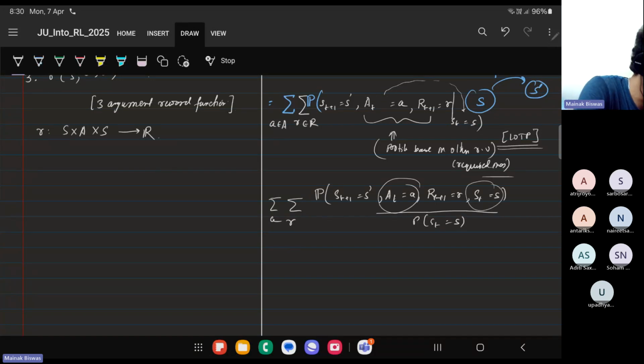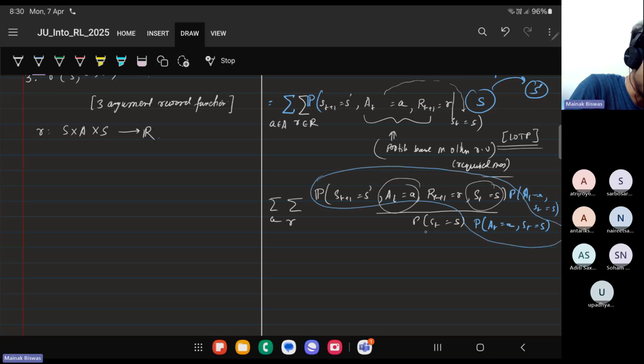So I'll multiply and divide by the probability of A_t = a, S_t = s. Once I do that, I can use these two as one and these two as one. So what do I get? I get p(s', r | s, a) times pi(a | s). Any questions?